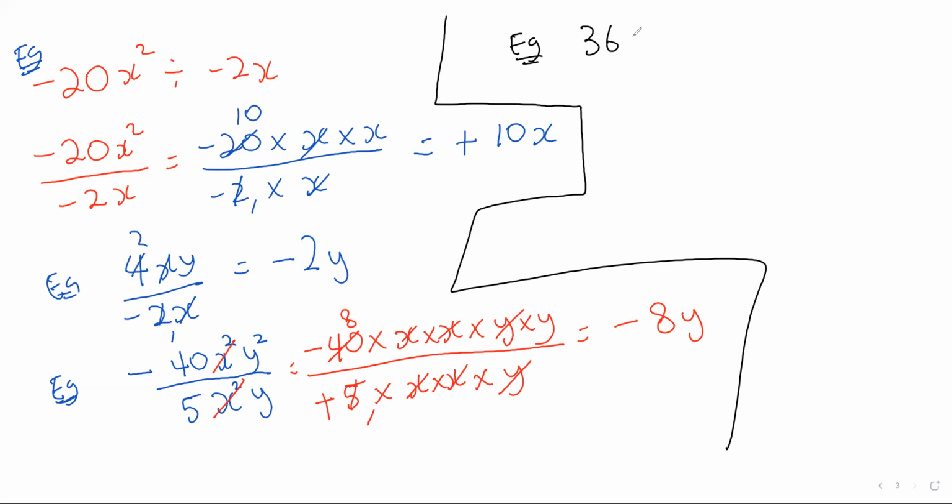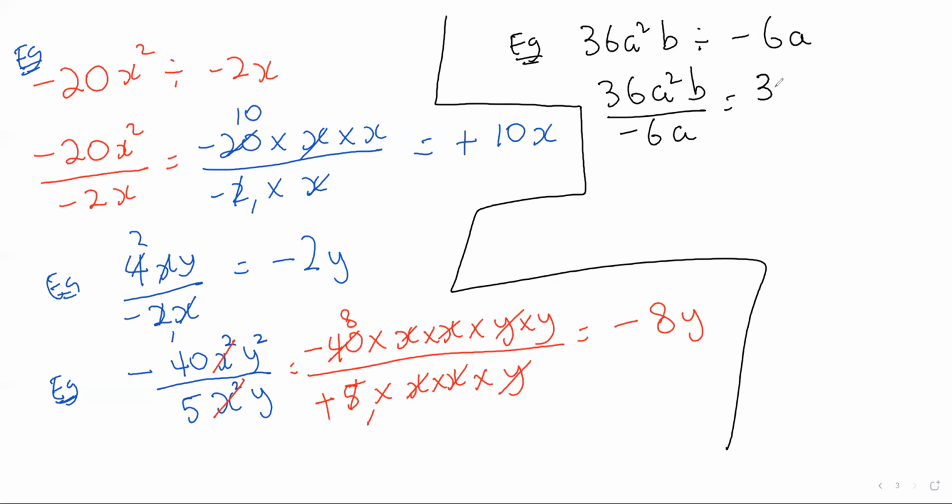Let's say we have 36a squared b divided by minus 6a. Right? So perfect, write it like this: 36a squared b over minus 6a. Let's see what can cancel off here now, right?